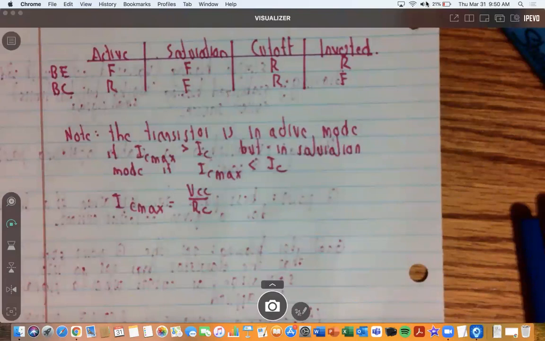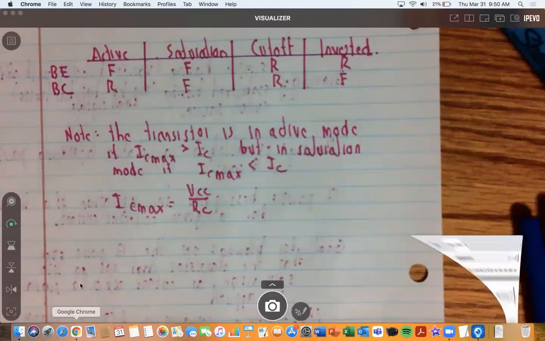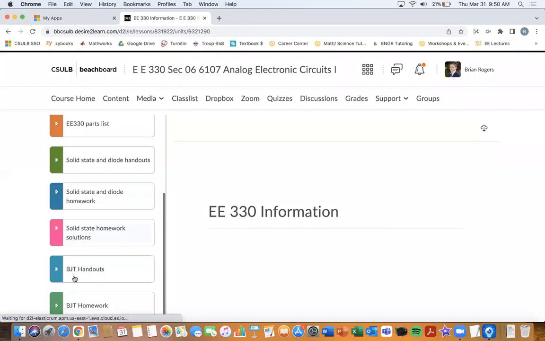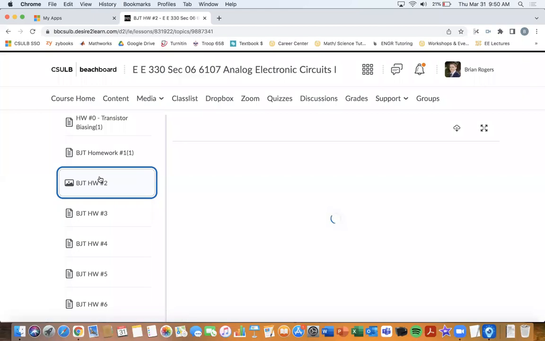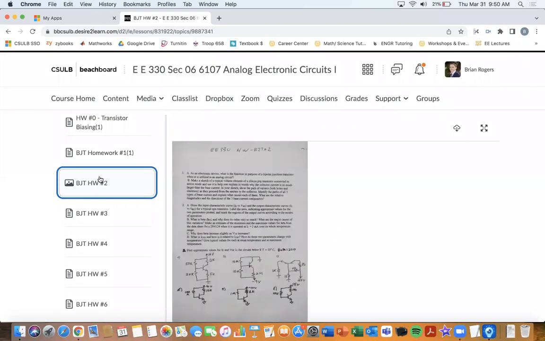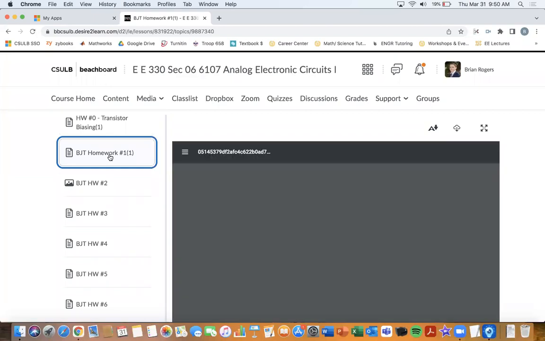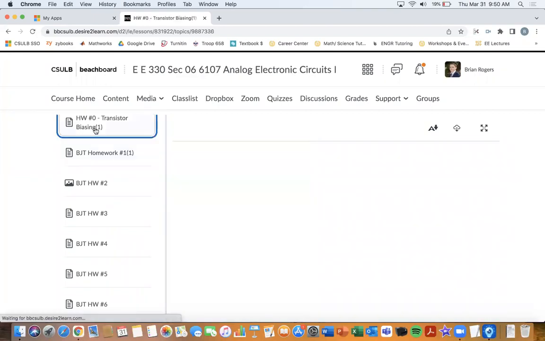So let's flip over to some problems he provided for us, and let's just go over it real quick. So I think we did this one, for transistor biasing.